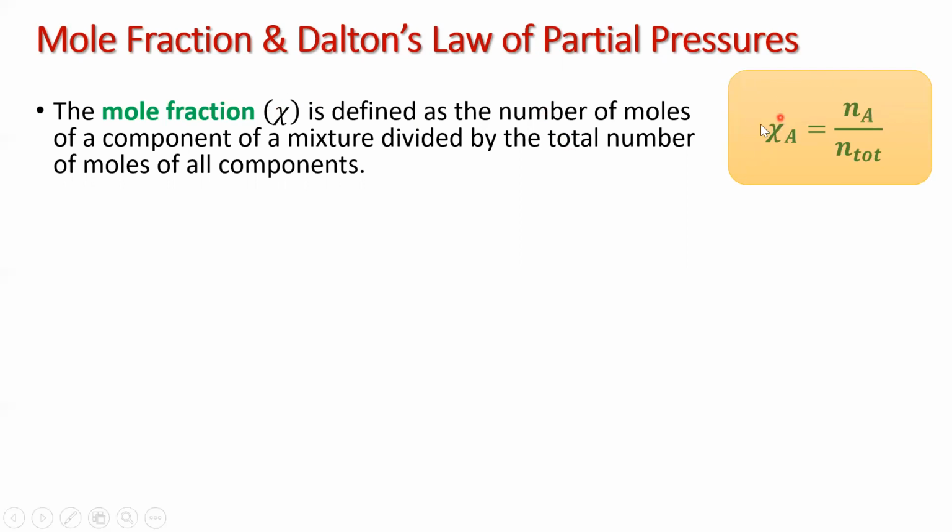So over here, this would be the mole fraction of gas A in a mixture, which would equal the number of moles of A divided by the total number of moles of gas in our container.